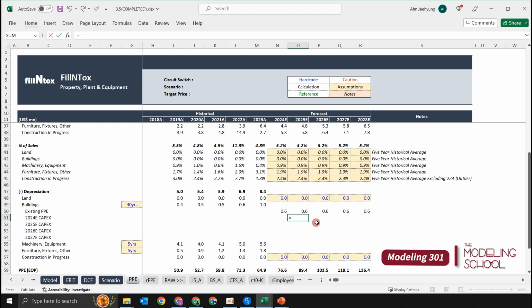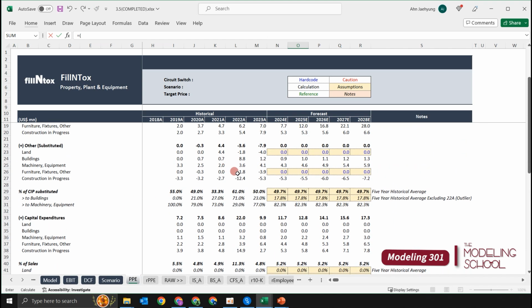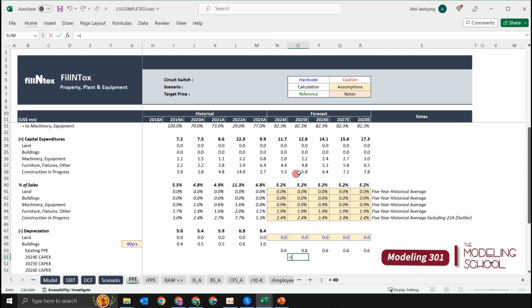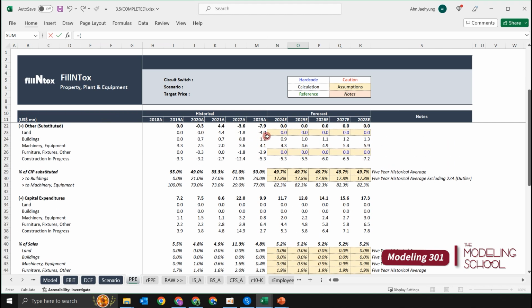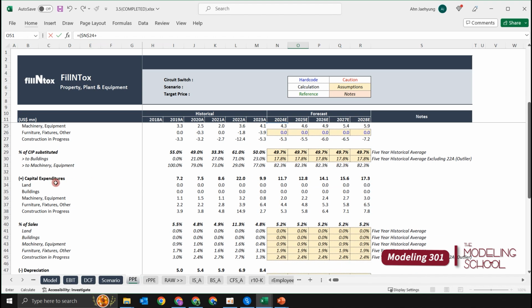So it's not only the capital expenditures, but also for buildings we had amounts coming in from the substitution tab, so we're also going to include that. So the formula would be building substitution amounts, so 0.9 million, again F4, plus capital expenditures.